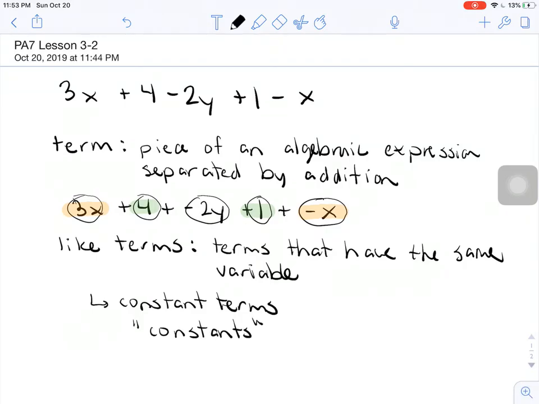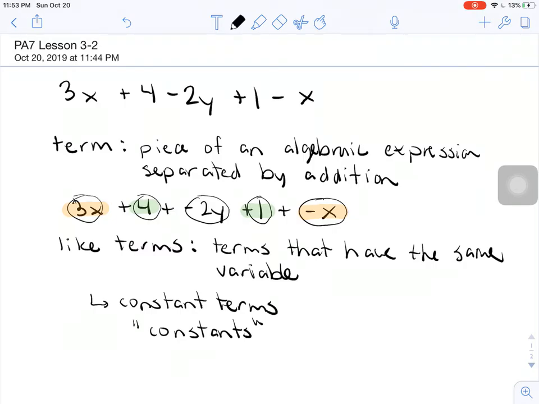The reason we call them constant terms or constants has to do with the fact that they don't have a variable. So using our first term as an example, 3 times x, the value of that term changes based off of what I fill in for x. If x is a 1, that term is 3 times 1, or 3. If x is a 2, that first term turns into a 3 times 2, or 6.